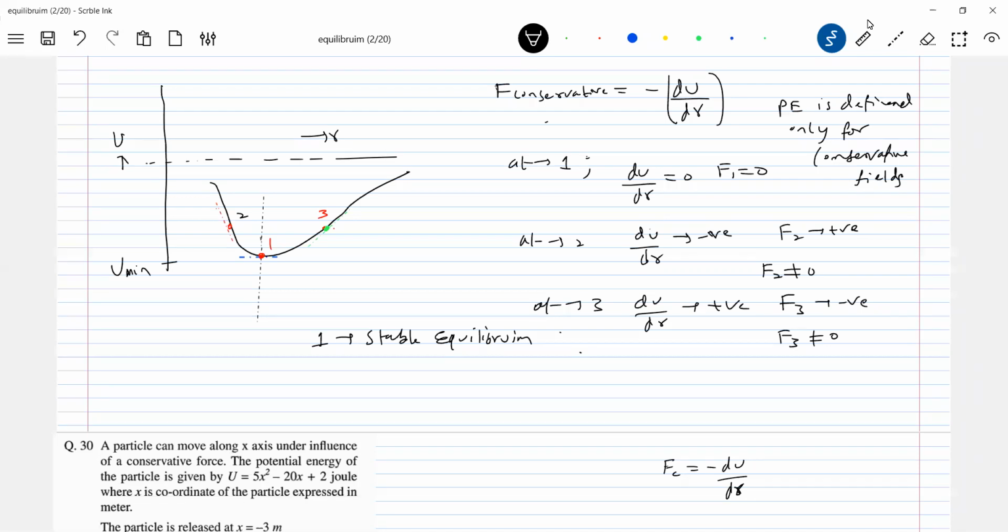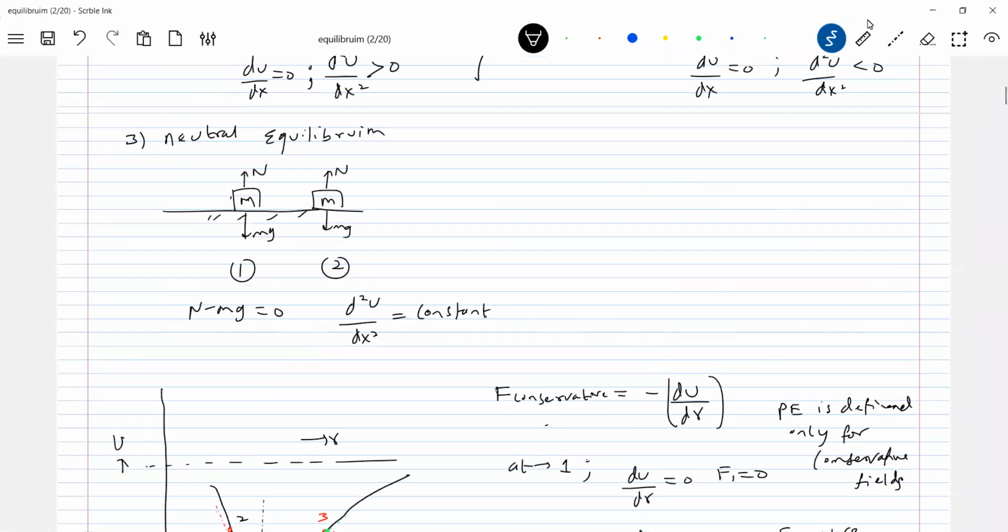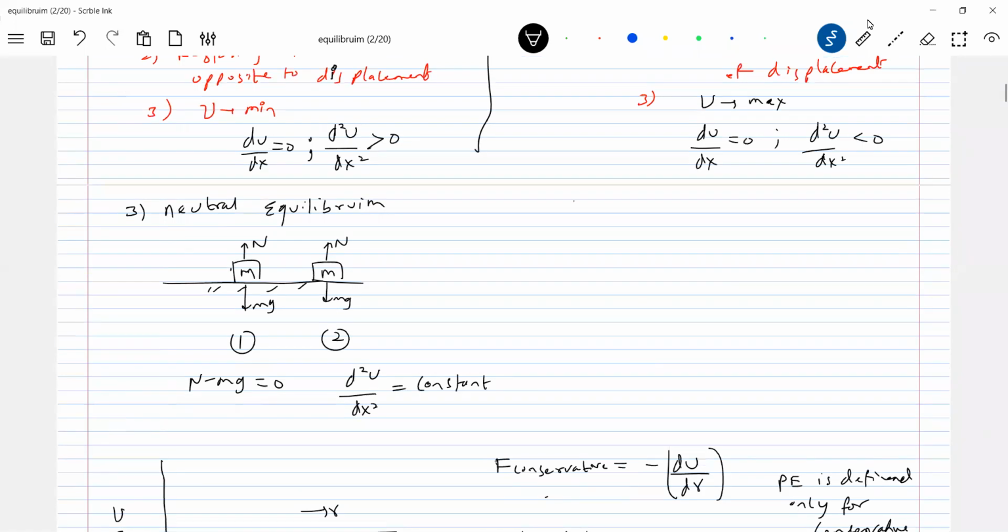Okay, fine. So from the U-x graph, can we say about conservative, non-conservative? Yes. We can say stable equilibrium, unstable equilibrium by this particular method. Let me analyze a few more. If I directly give an F-x graph, can you say about the nature of equilibrium?